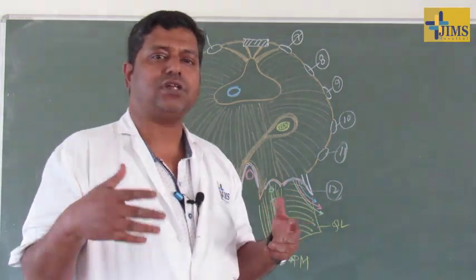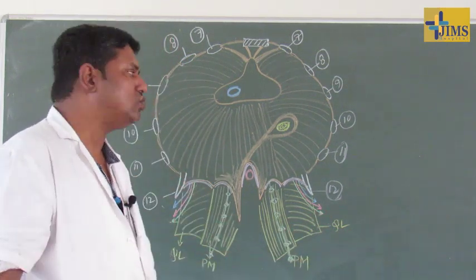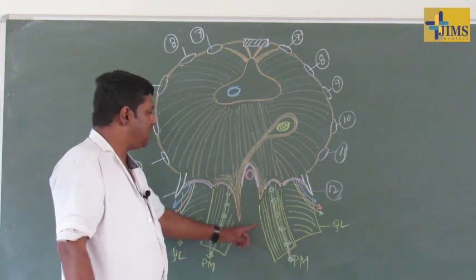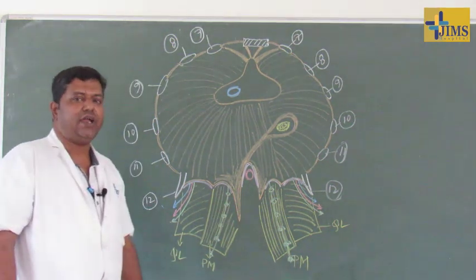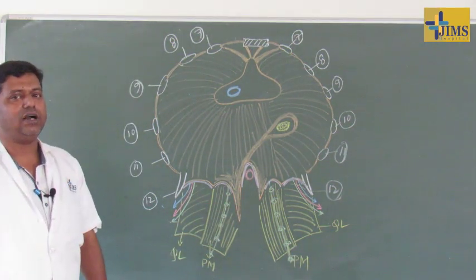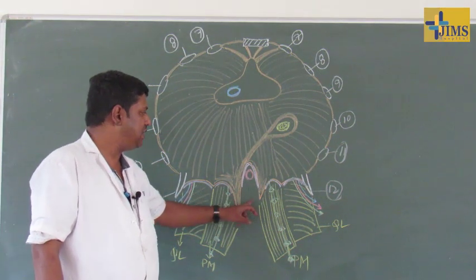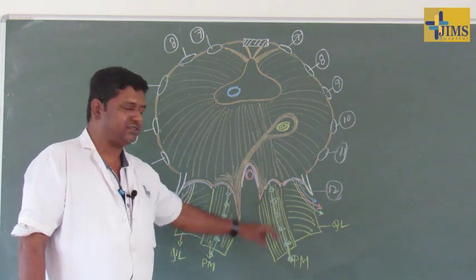So this is about the third minor opening of the diaphragm. Fourth one, that is below the medial arcuate ligament. There is also a small opening below the medial arcuate ligament, the right and the left.